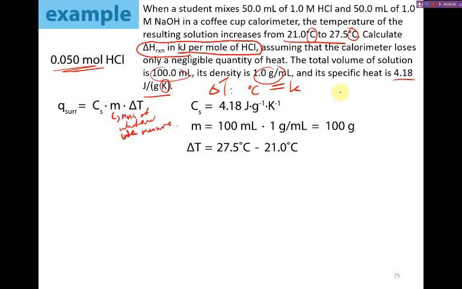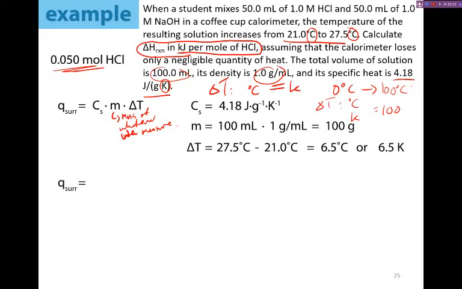To prove that to yourself, take and convert 0 degrees Celsius, and let's say we wanted to go from 0 to 100 degrees Celsius. Find the change in temperature, both for degrees Celsius and Kelvin, and you'll find that they are both exactly 100. So our change is 6.5.